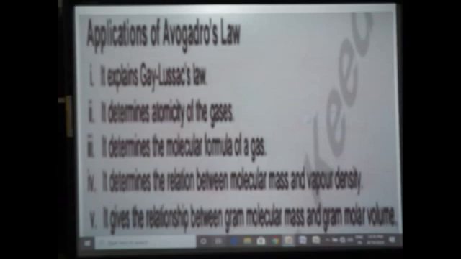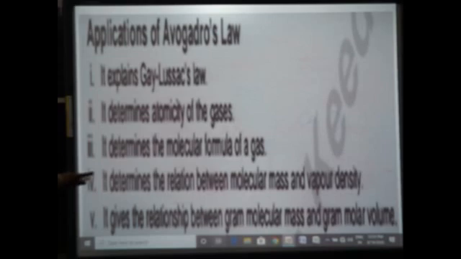Then it determines the relation between molecular mass and vapor density that we are going to do in this chapter. That means we will be using Avogadro's law for finding molecular mass and vapor density. That is there in your syllabus.